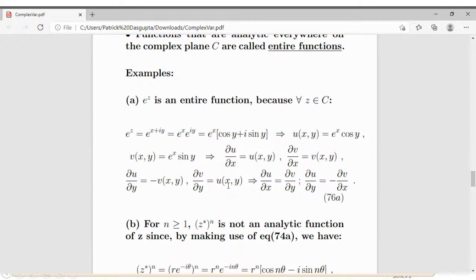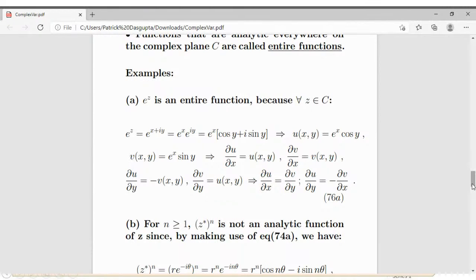Clearly, the Cauchy-Riemann conditions are satisfied everywhere, because del u by del x, which is equal to u, is also equal to del v by del y, which is u. Similarly, del u by del y being minus v is equal to minus del v by del x, which is v.